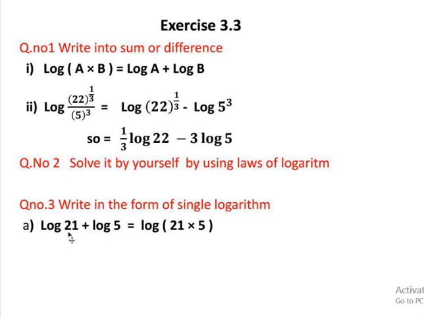So by using the first law in the reverse way, we can write these two as a single logarithm, writing the two numbers in the form of a product because they are in the form of a sum, that is logarithm of 21 multiplied by 5. So student, in this way you use this concept and solve all the remaining parts by using the laws of logarithm from question number 1 to question number 3.